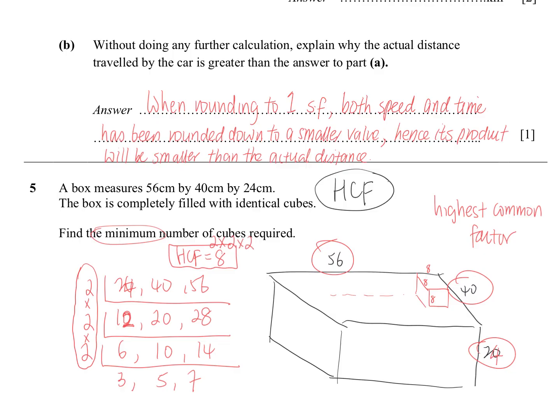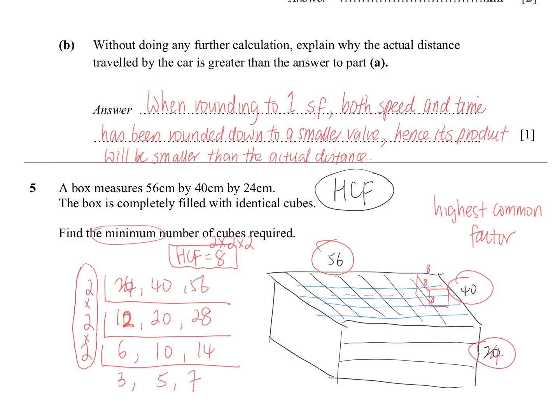So if you check, you can fit in 8 of such cubes along the length, 5 of such cubes along the breadth, and then 3 layers of it, because 24 divided by 8 gives you 3 layers. On the breadth, you can fit in 5 columns or rows, and against the length, you can fit in 7 of such.